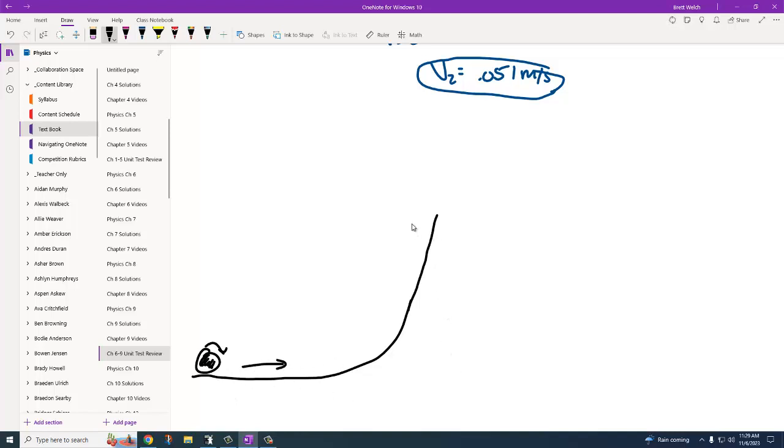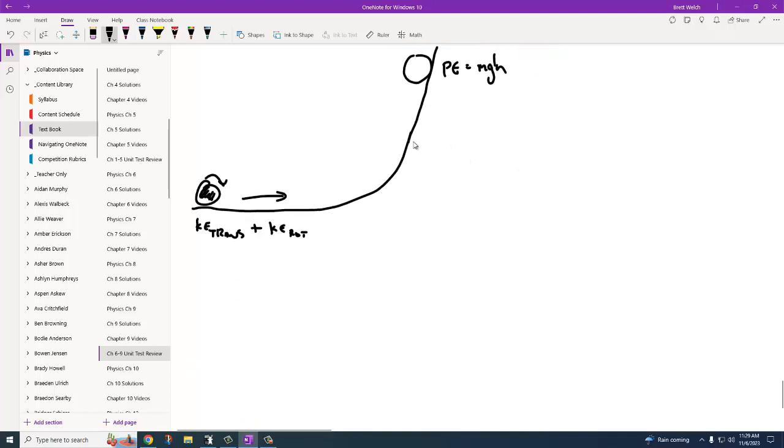When it gets to its highest point, it will stop moving and only have potential energy. But down here it is rolling, which means it has kinetic energy. However, it's not just kinetic energy in terms of moving across the ground, which is translational, but it's also kinetic energy as a rotational object because it's rotating and spinning.